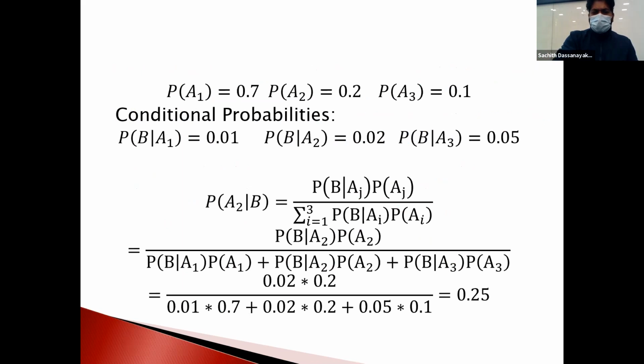Let's try to find it. This is the same thing I mentioned. We need to find the probability of A2 given B. First, write down the probabilities you already know, or can simply find. These are the things you already know. They have given this in the text, and also this. Probability of B given A1, it is given, right? What is this one? Probability of B given A1 means the message is spam given that it is in account 1.